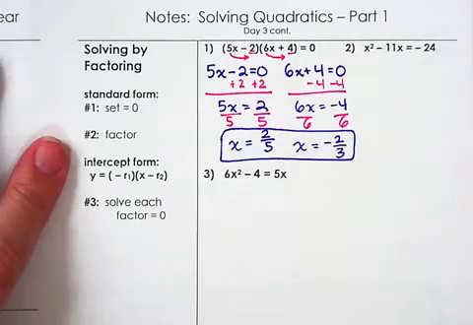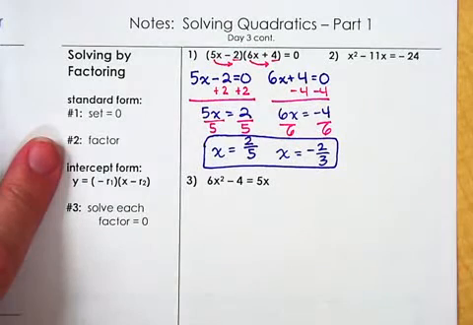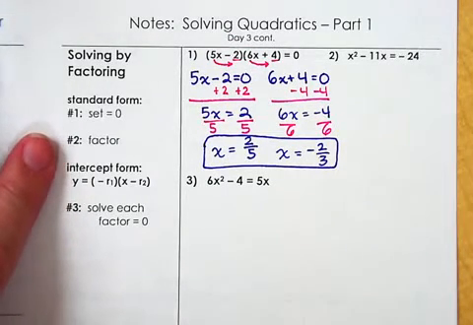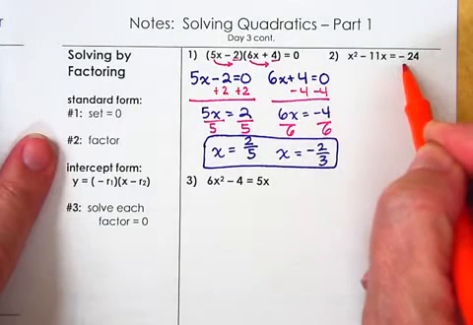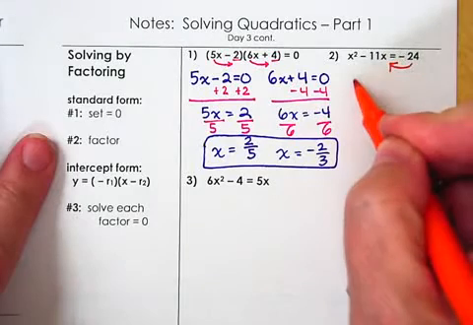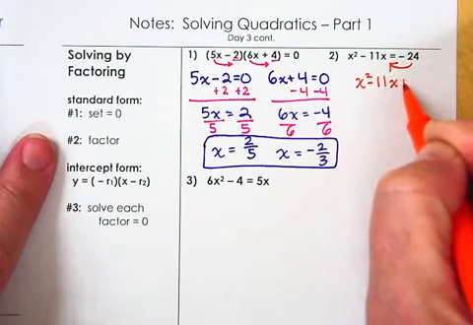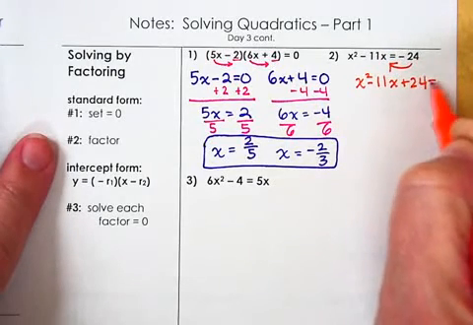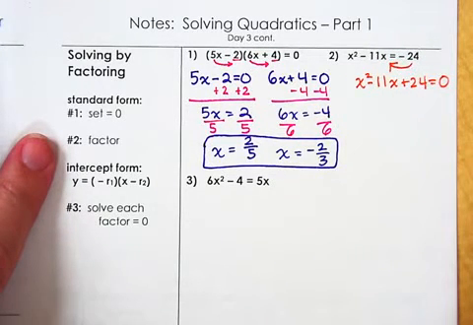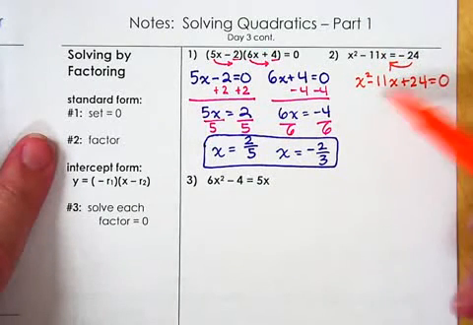Let's look at number 2. Number 2 is not factored, so we need to factor that equation first. In order to do this, the first thing we want to do is make sure that the equation is equal to 0. So I need to add the 24 to the other side. That becomes x squared minus 11x plus 24 equals 0. Now I can factor this trinomial.